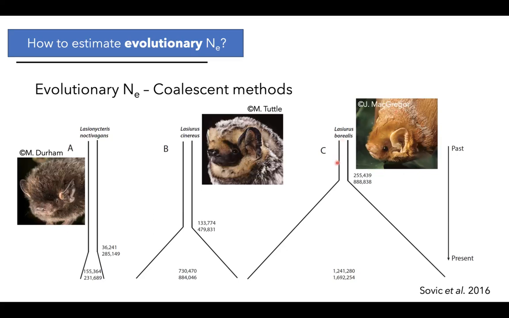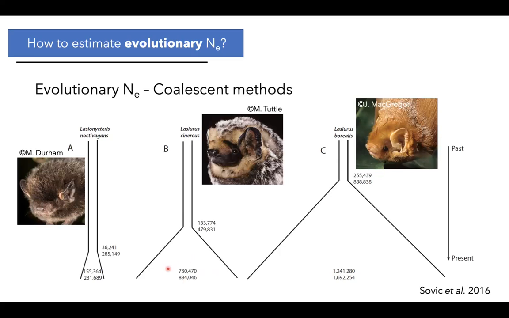One thing we see is that all 3 species fit a model of population growth. So that's really cool to see, right? We also have estimates of current population size shown at the bottom of the figure for each species. Red bats have a relatively large effective population size now, in the millions.